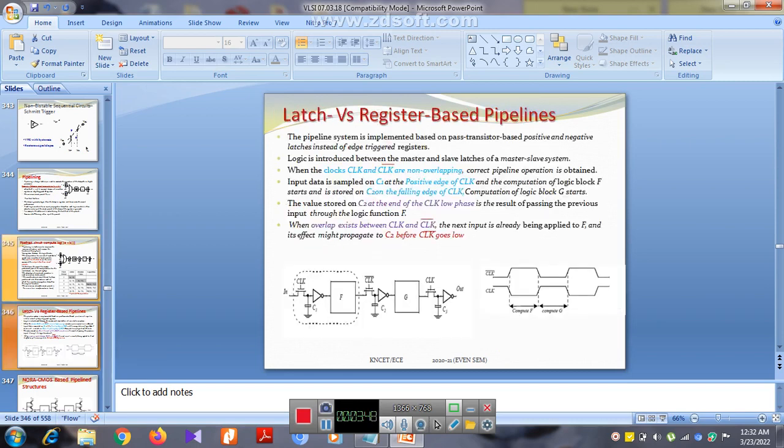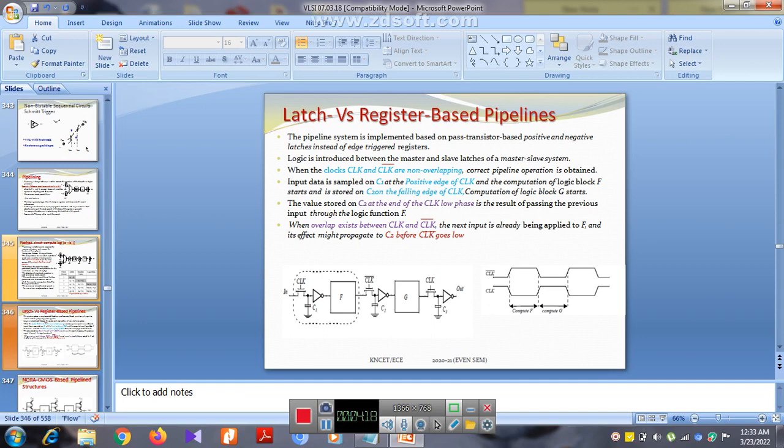The next slide is latch versus register based pipeline. The pipeline system is implemented based on pass-transistor based positive and negative latches instead of edge-triggered registers. Previously, all the registers we used were edge-triggered registers.